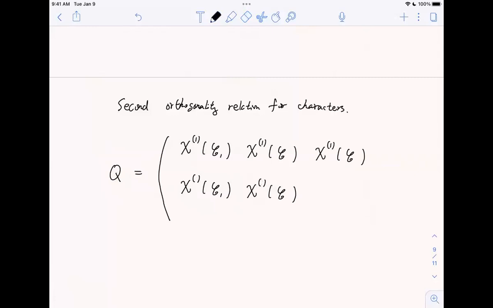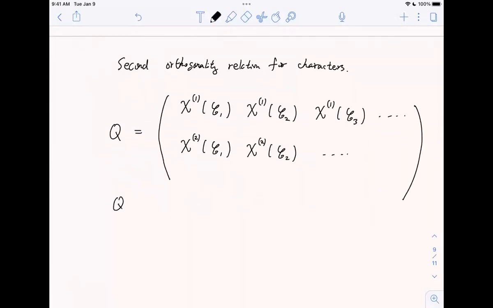So this will be 2. This will be 3, dot, dot, dot. Then this will be 2, 2, 2. So basically, Q_ij equals gamma, chi_i and j. Okay, so you define a matrix like this.